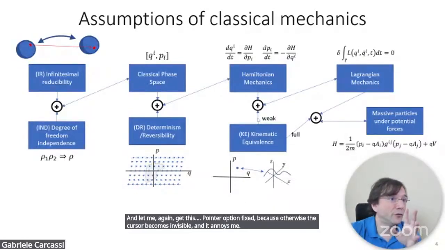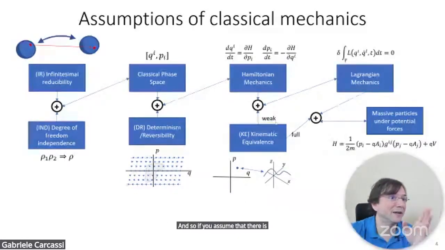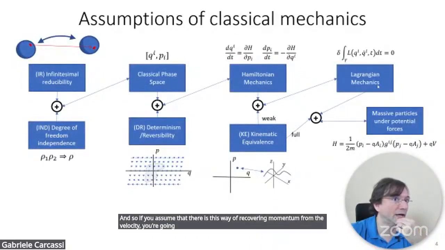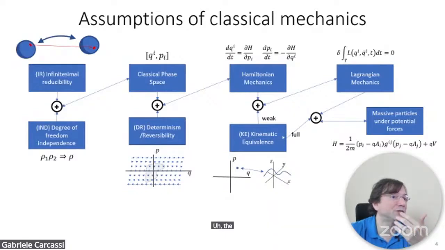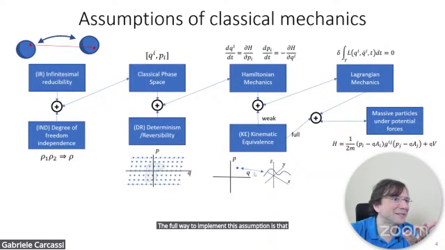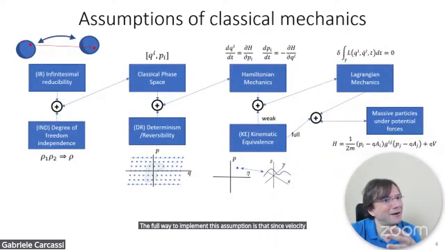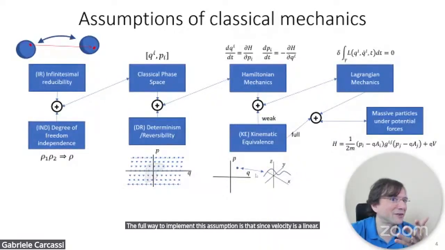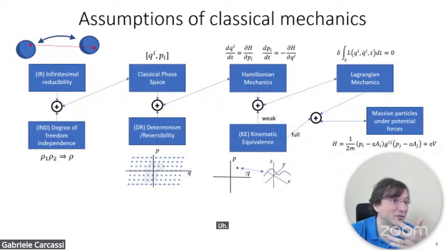And so if you assume that there is this way of recovering momentum from the velocity, you're going to be able to get to Lagrangian mechanics. The full way to implement this assumption is that since velocity is a linear transformation of position, and so the momentum, they both have a linear structure.